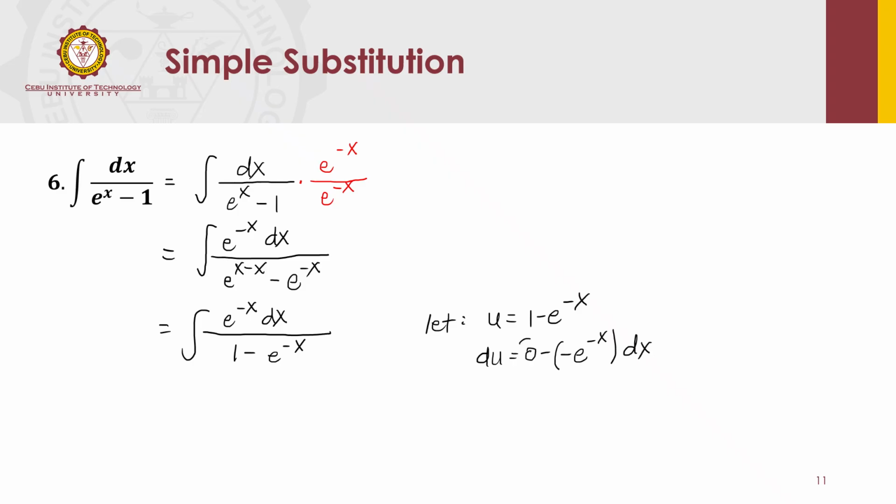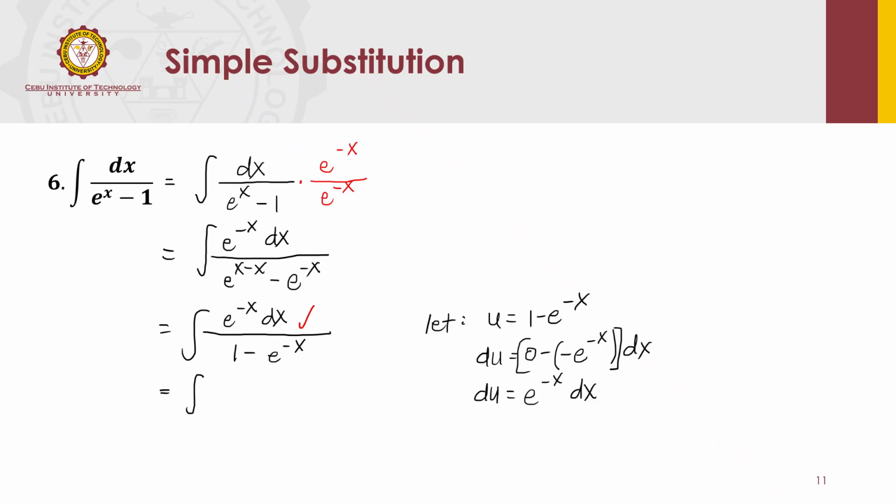This has two terms enclosed with another grouping symbol. So that's positive e to the negative x dx, nga is already formed in your numerator. No need for a neutralizing factor. So, transform lang ang bida diri for this particular item.